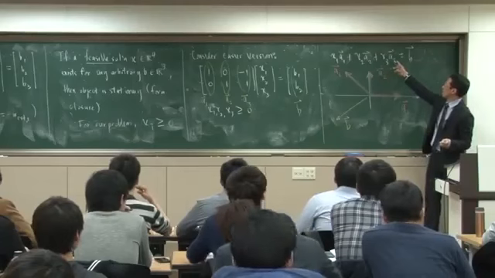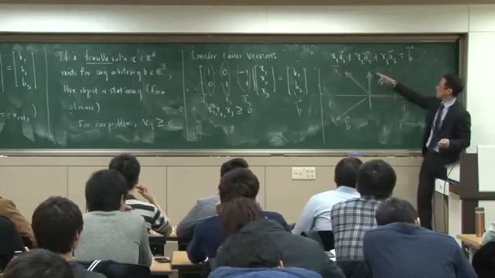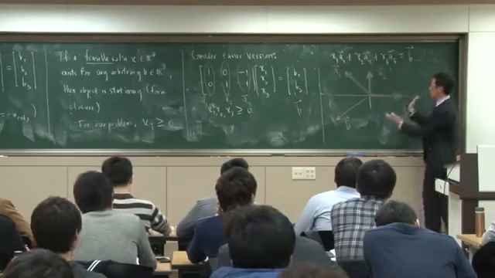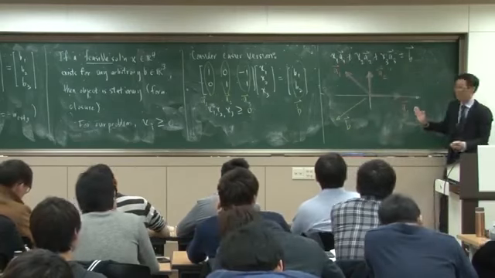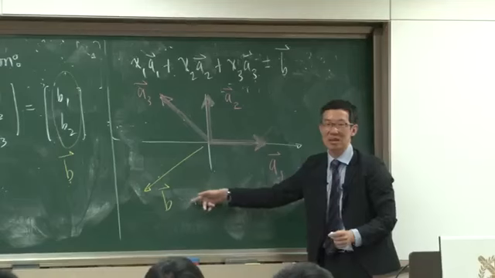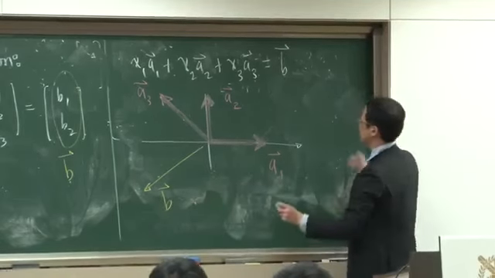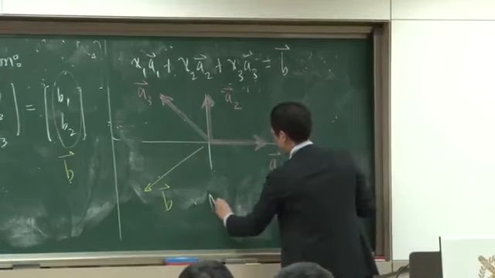The only linear combinations of A1, A2, and A3 all lie inside here. So you can't reach this vector. So for this case, it's pretty clear there's no solution.